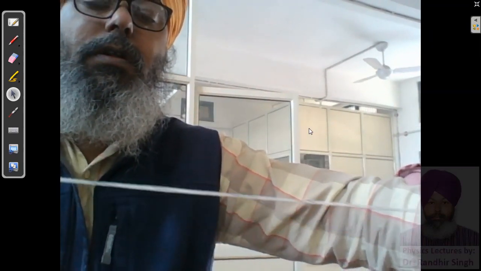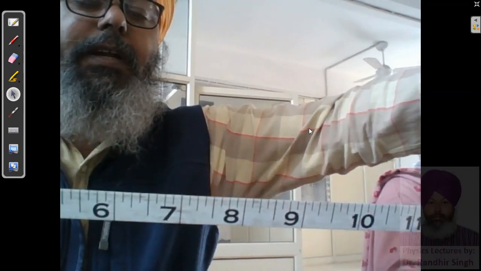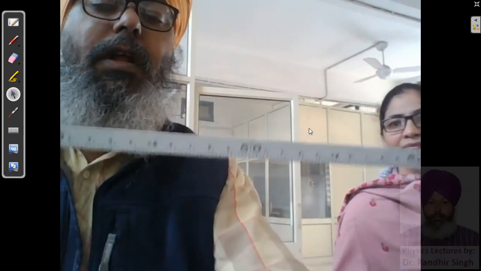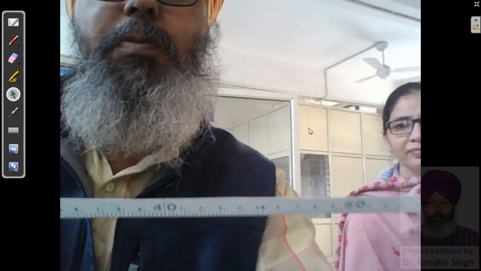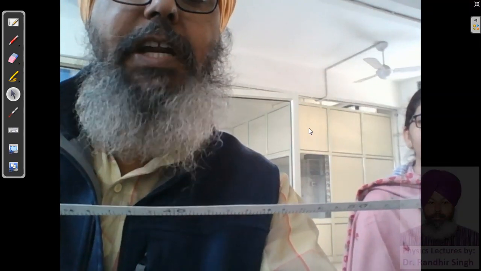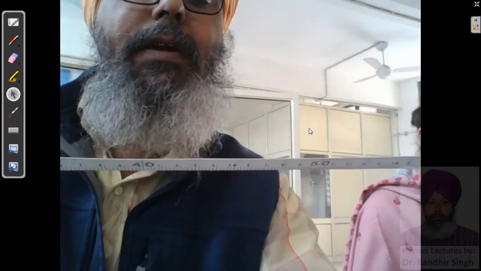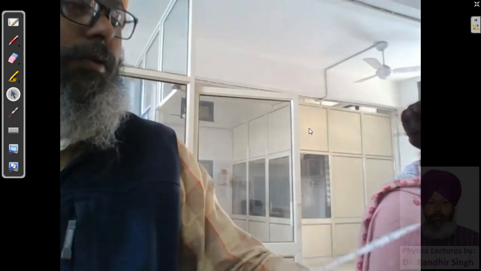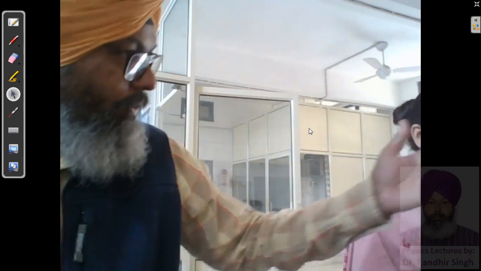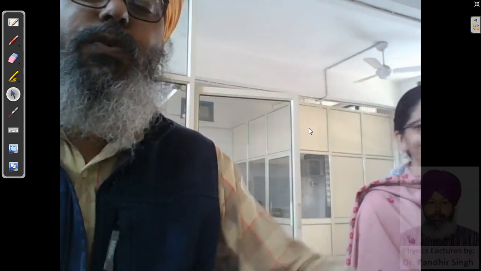It opens like this. Is it okay? Look, you can see on this side it is marked in inches, and on the back side it is marked in centimeters. Is it okay?